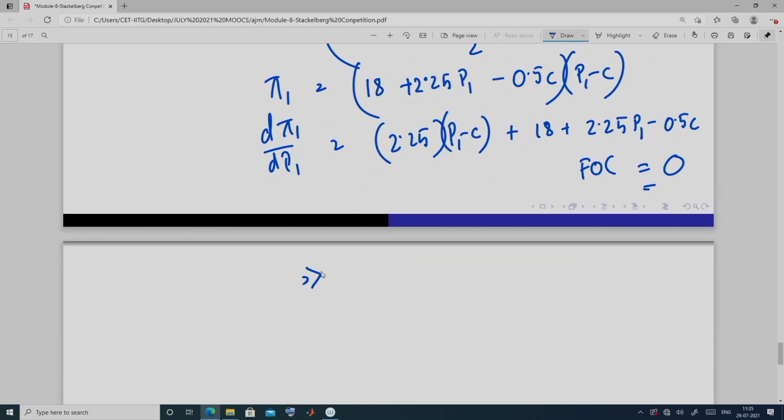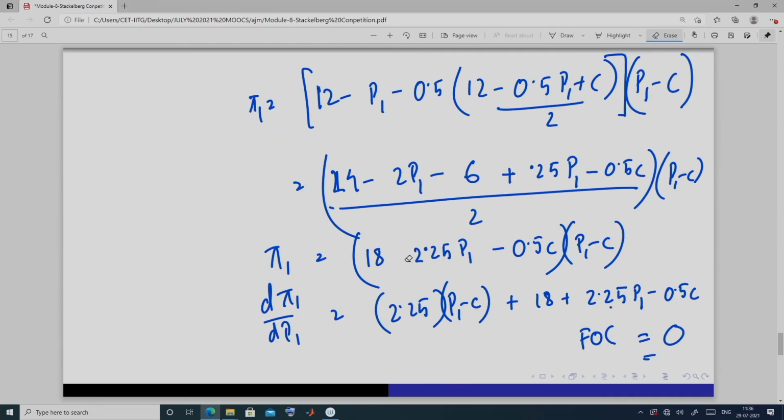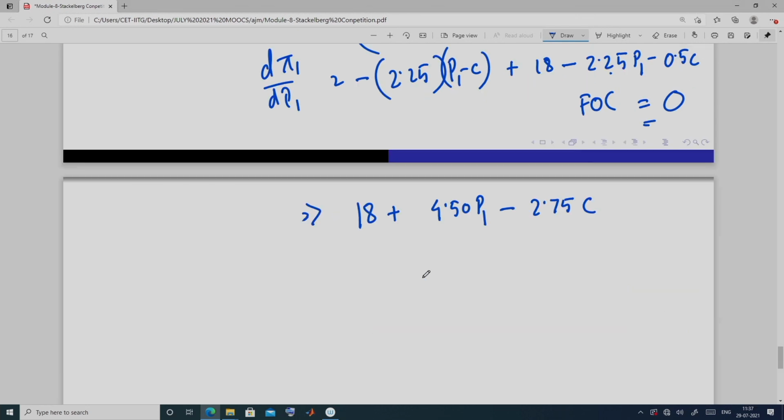So, we get this part is equal to 18 plus 2.5 P1, cost is 2.75. It will be negative, so it will be negative with positive. So, this term is actually negative.